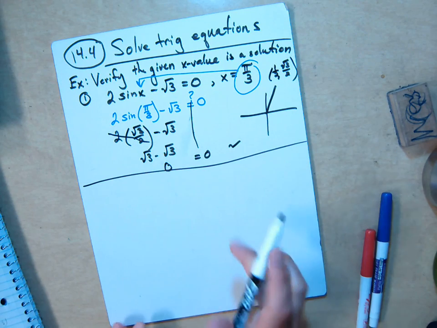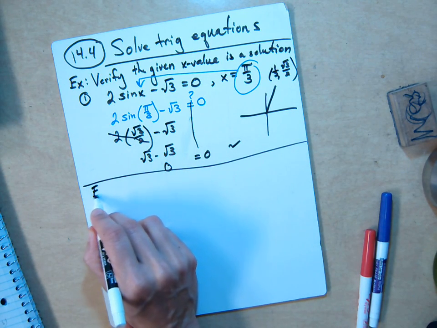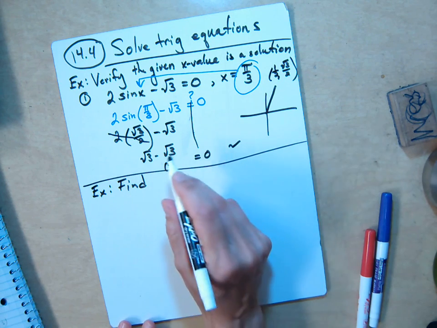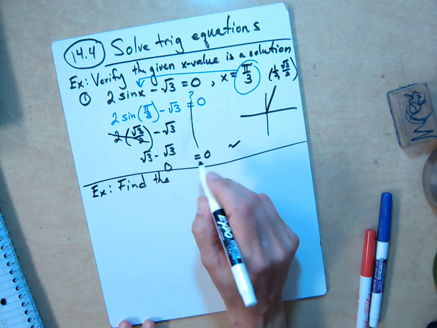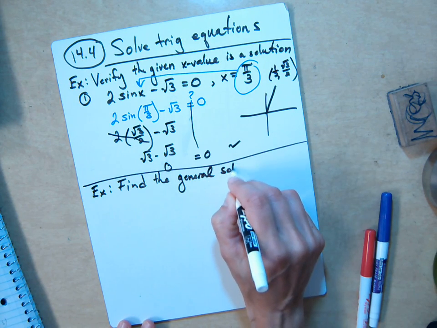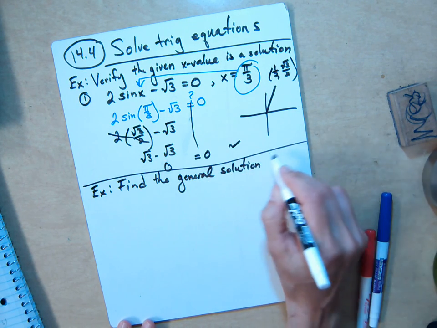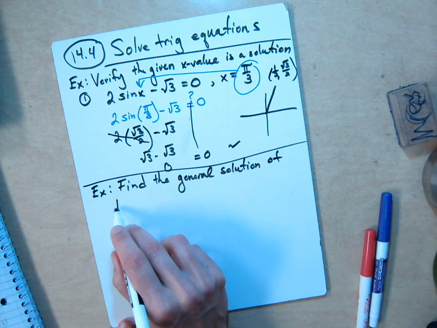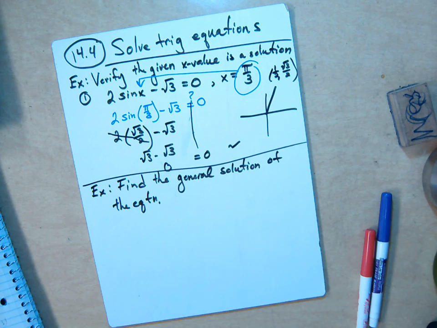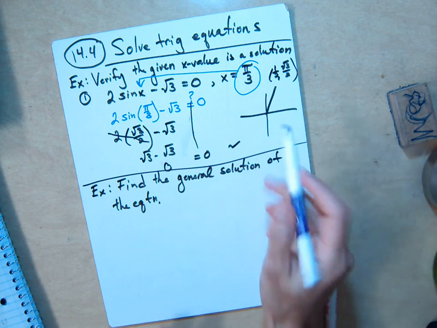So we're getting there. Now let's say I'm asked to find, now we're going to actually solve ourselves, and what the directions will say is find the general solution of the equation. What does this general solution business mean?